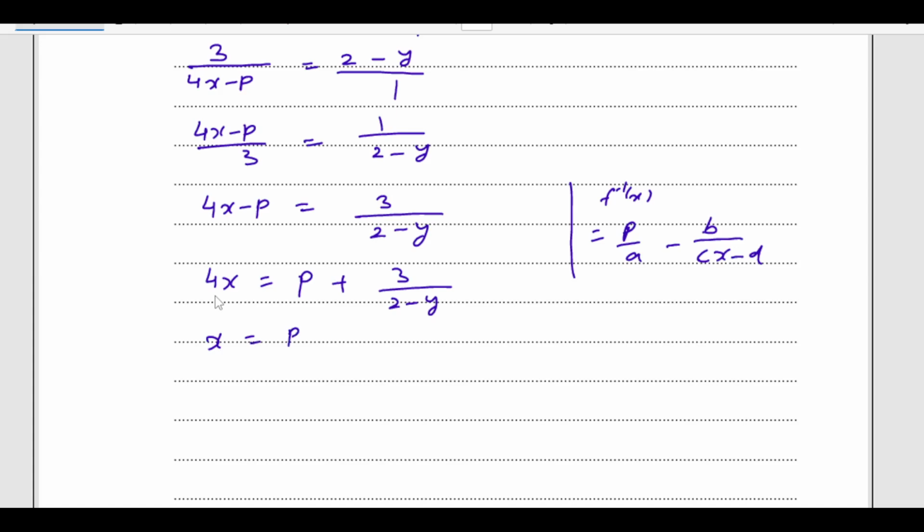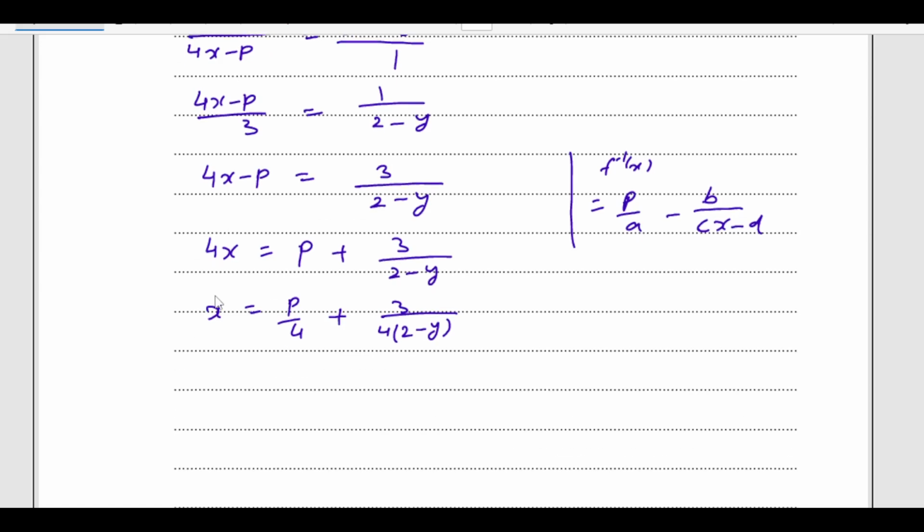So this will become p over 4 plus 3 over 4 into 2 minus y, divided by 4 on both sides. So what we have here is a negative sign. If we need this negative sign here, that means we can swap this one.